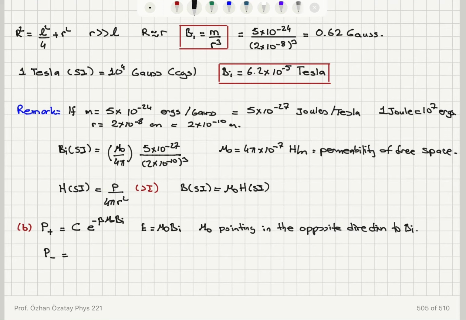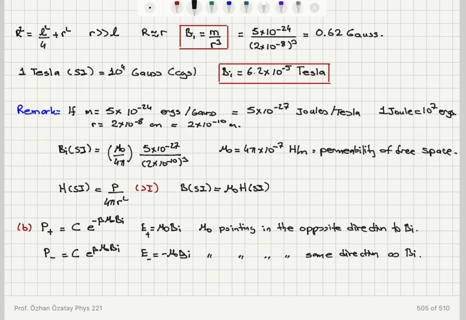And P minus, on the other hand, would be given as C times e to the beta mu 0 B internal, with the corresponding energy E minus being minus mu 0 B internal. This is mu 0 pointing in the same direction as B internal.